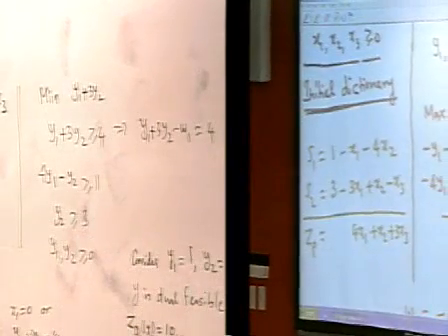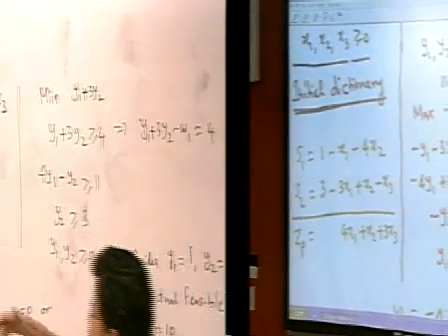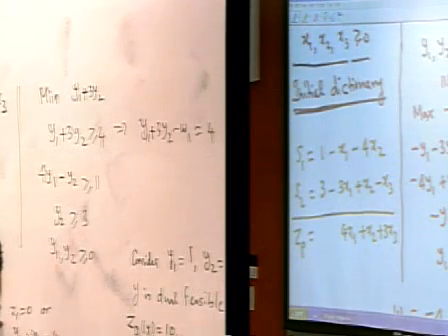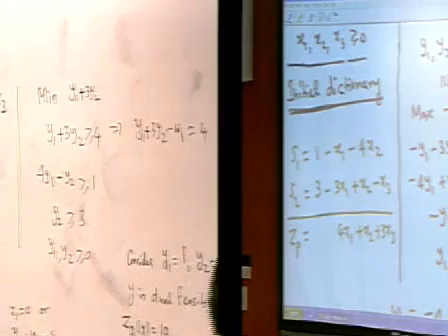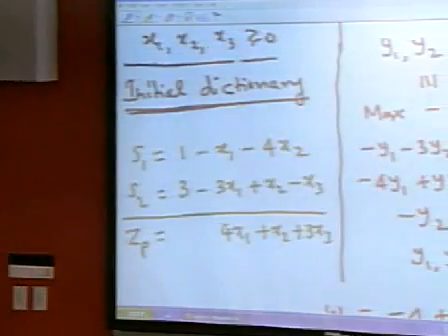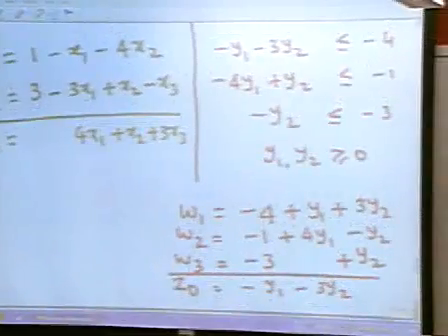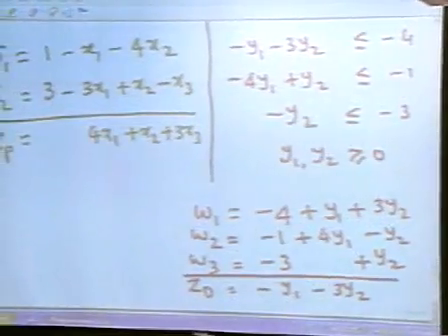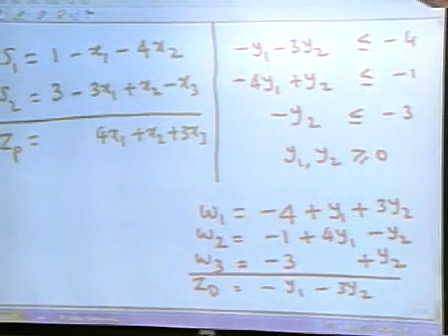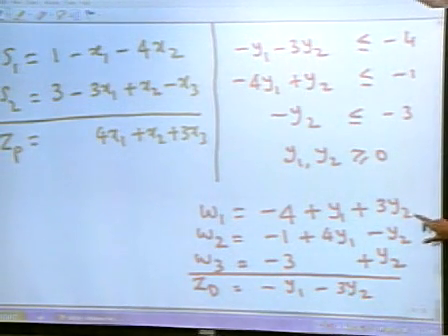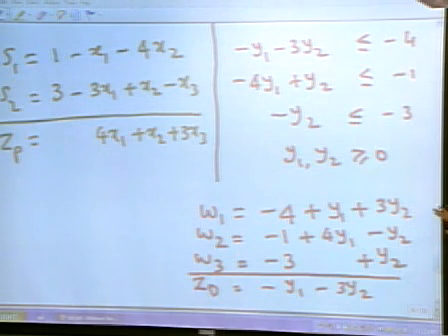I'm going to use W's as slack variables for these three constraints, and I get the following dictionary. So I have W1 to be -4 + y1 + 3y2.